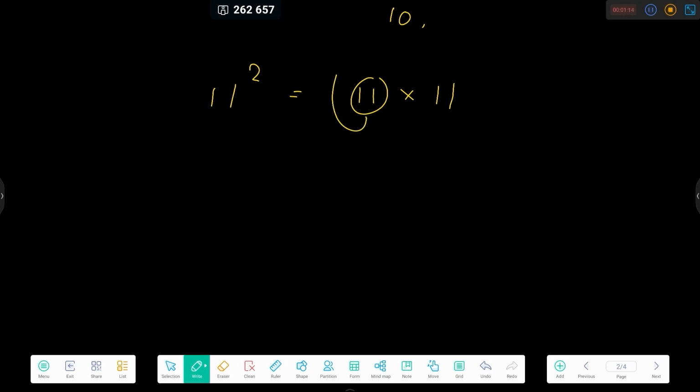11 would be subtracted by 1, making it a 10. And the other 11 will be added by a 1, the same number, so it becomes a 12.